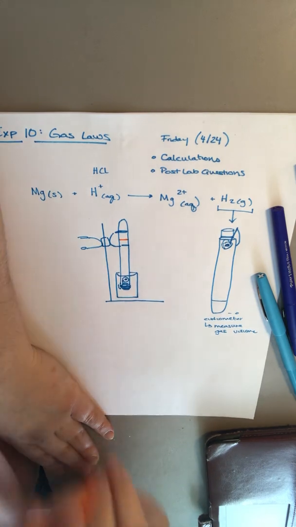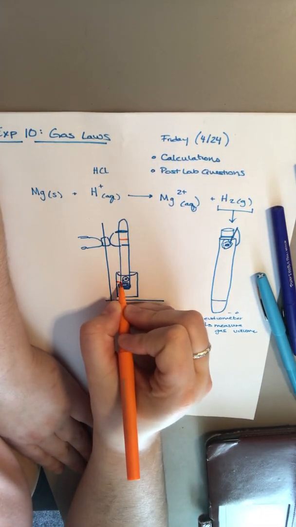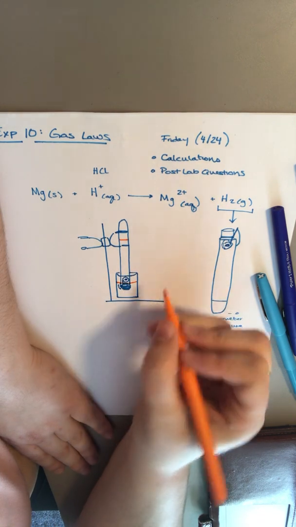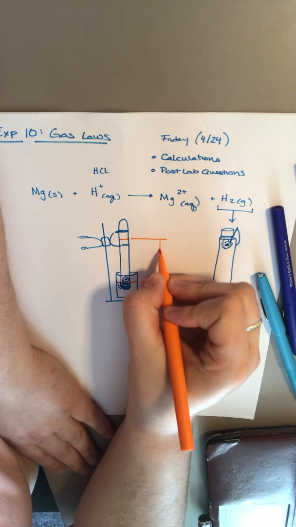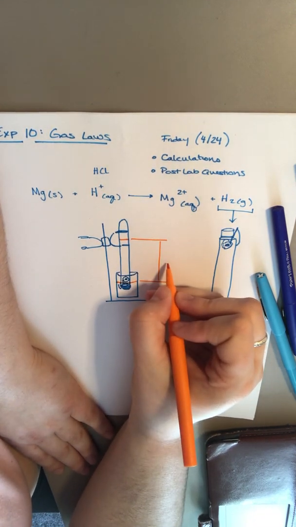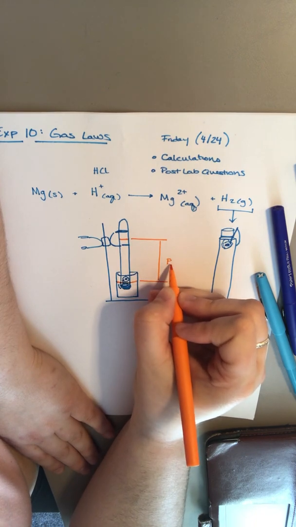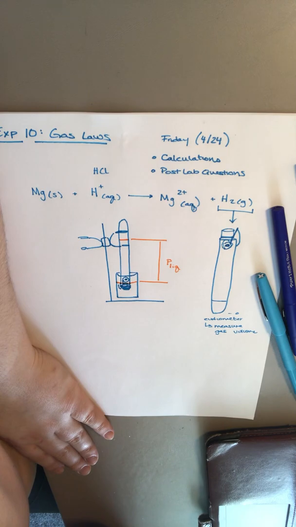There's the height of the water difference. There's going to be some water in this beaker, and the height of the water difference is the difference between this water and the water that is in the beaker. This is also known as P liquid, and this will be important for your calculation section.